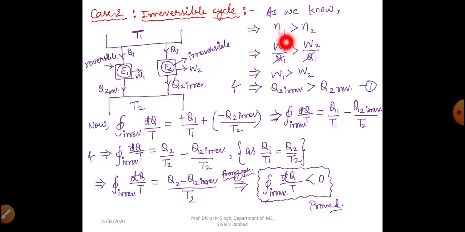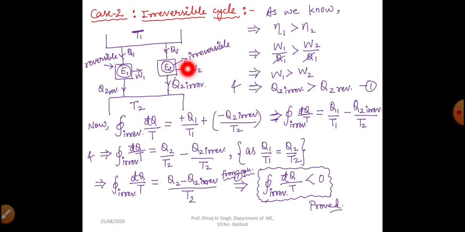For efficiency 1, we can write W1 by Q1, that is net work divided by heat supplied, and for the irreversible cycle we can write W2 by Q1. So W1 by Q1 is greater than W2 by Q1, and Q1 is the same, so we can cancel out Q1 and Q1. Now what we have is W1 greater than W2. That means the net work by the reversible heat engine is greater than the net work by the irreversible heat engine.